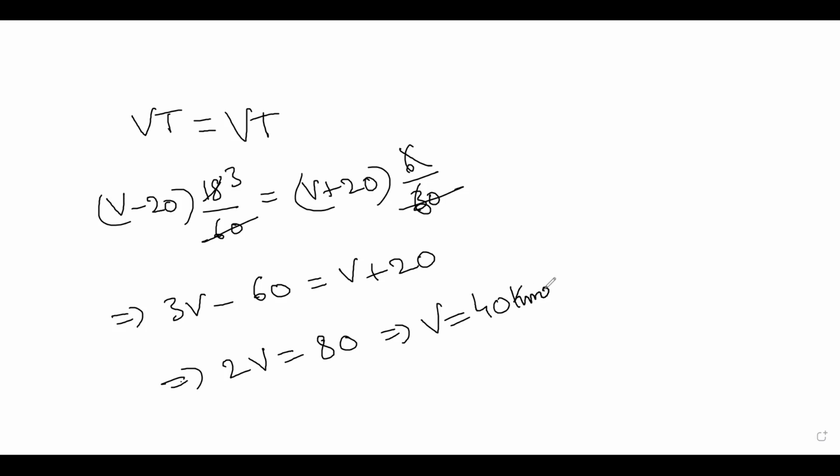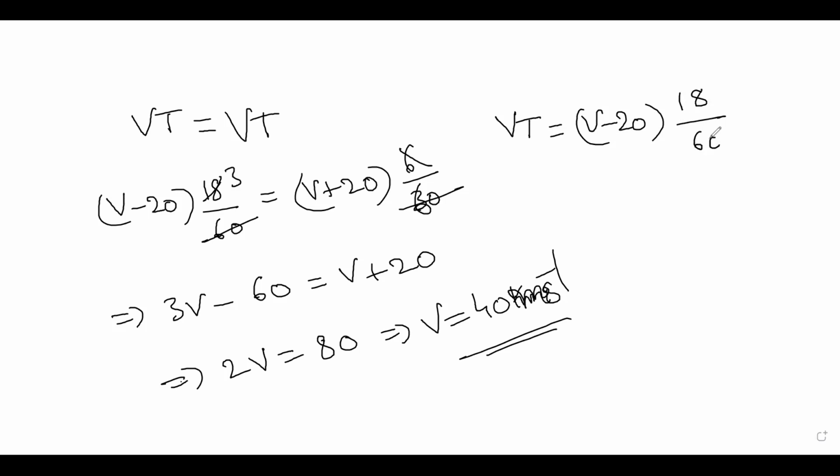Sorry, 40 meters second inverse. This is the speed of the bus. And now Vt we have like (V minus 20) into 18 by 60, right? From this we can calculate what is the time period. So V we have 40, we can substitute 40.